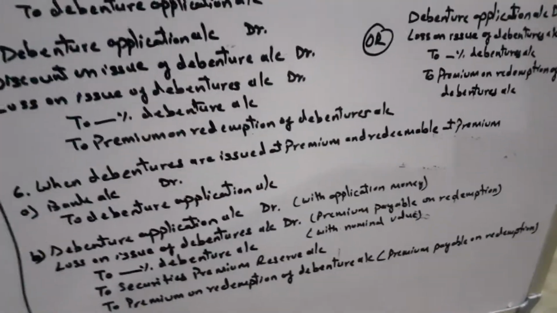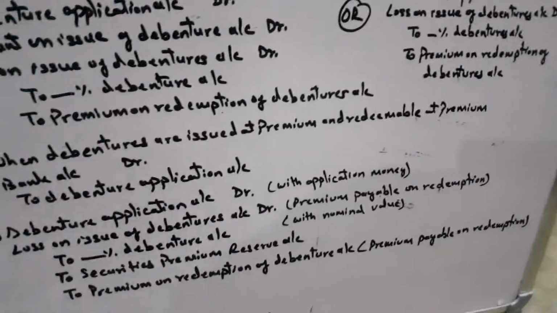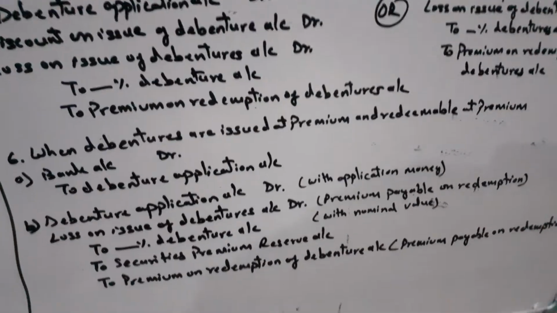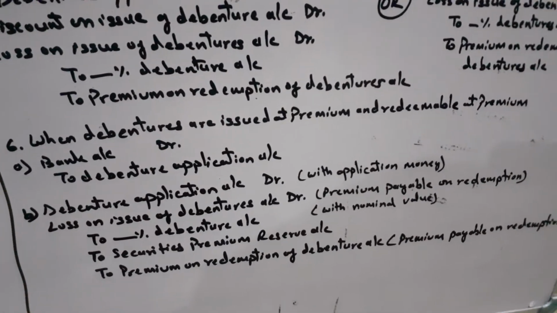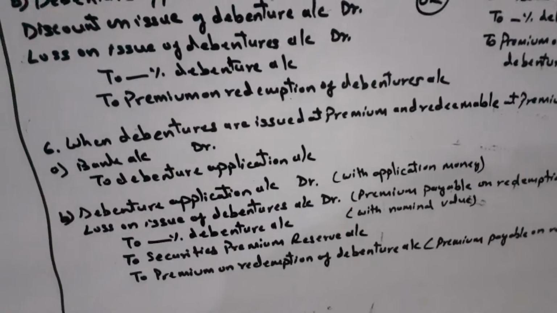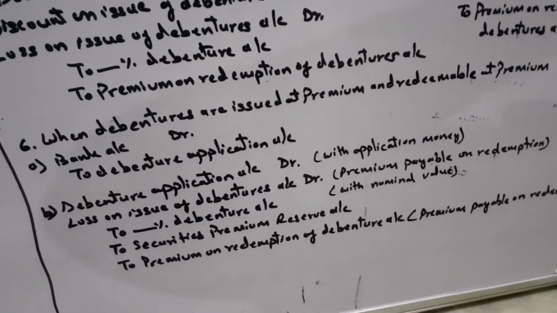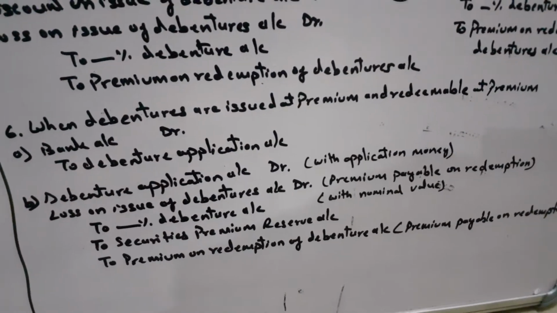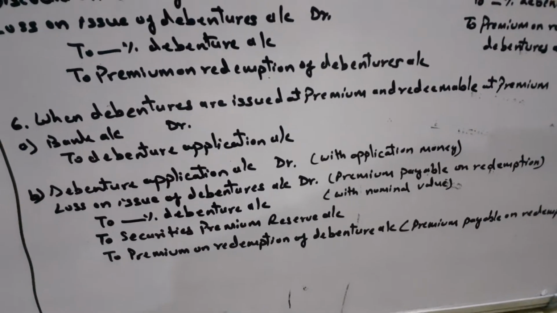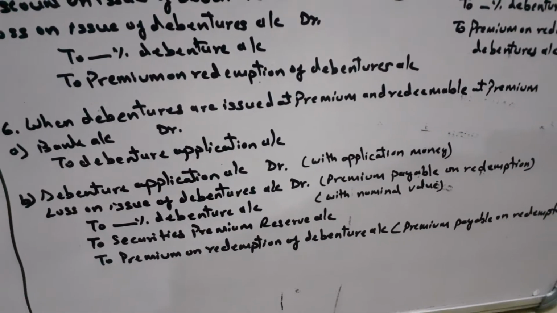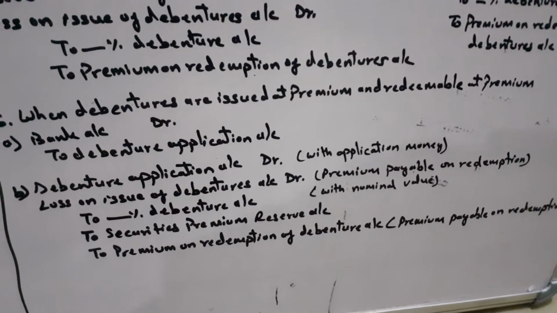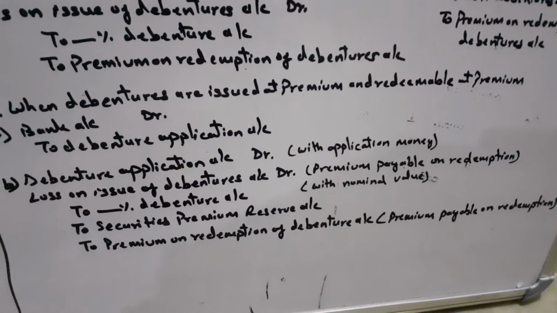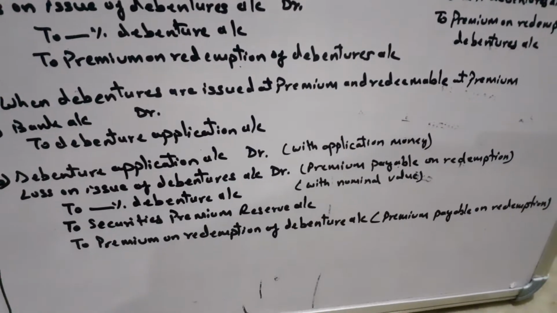And the last is when debentures are issued at premium and redeemable at premium. Here you are issuing at premium and redeemable at premium. So the first entry will be the same, bank account debited to debenture application account. Next entry, debenture application account debit with application amount, then loss on issue of debentures account debit, premium payable on redemption, 2% of debentures account with nominal value, to securities premium reserve account, to premium on redemption of debentures account.